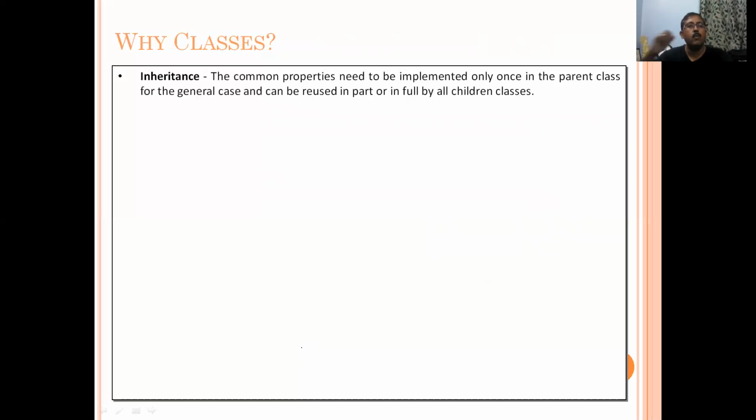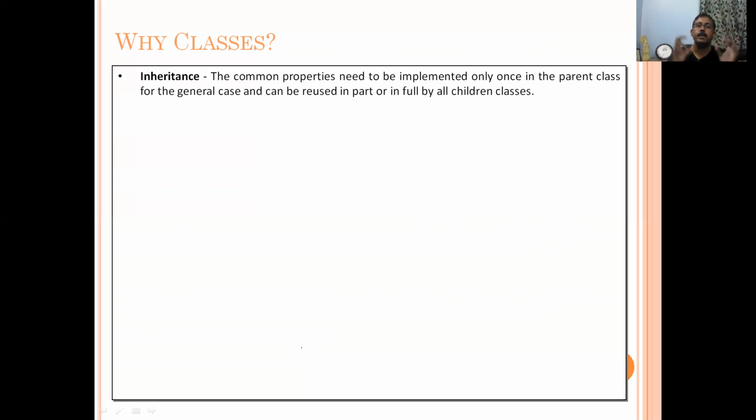Now, why classes? Why do we need to go for classes? What's the advantage? The first thing is, again, the same concept of reusability. Whatever attributes and functions are implemented for one particular class can be reused in different classes.